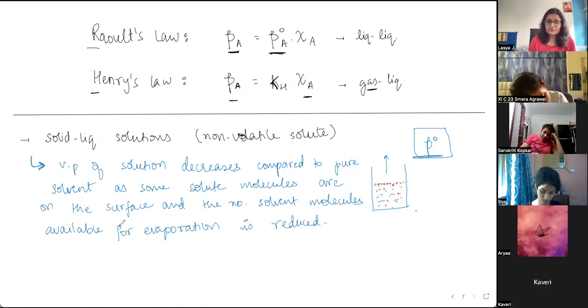Number of molecules reduced means the vapor pressure also reduces. N decreased means P also decreases.